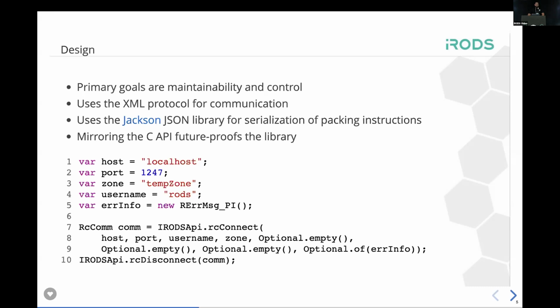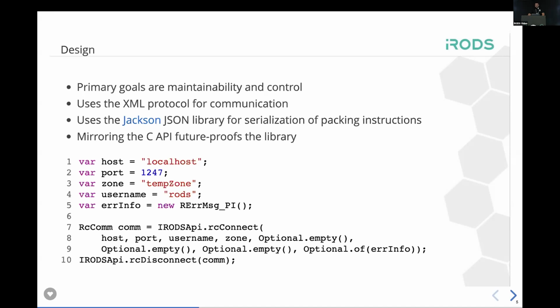We just want to make sure that the library is correct and that usage is easy. It uses the Jackson library for serialization of packing instructions. And the decision to mirror the C API means that we future-proof the library moving forward, because any changes that we make in C can be directly translated to the irods4j library.